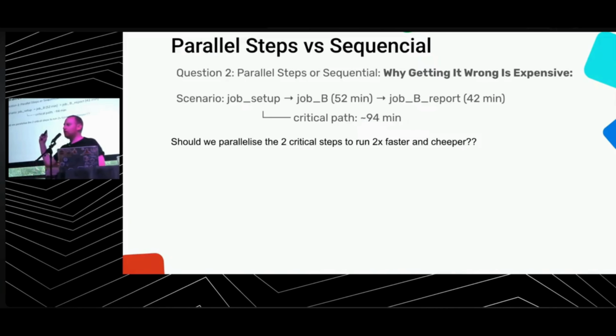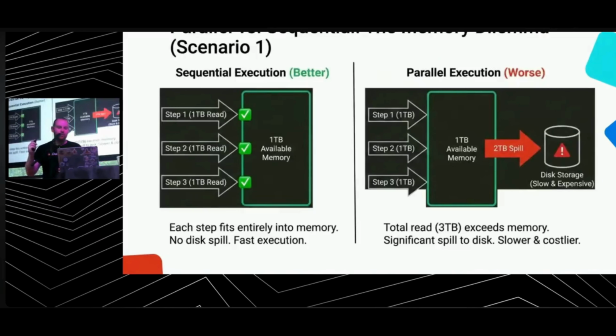And actually, for this scenario, 2 things could happen. The first one is what actually happened to this customer. If we return to the previous example, let's say we are reading 1 terabyte of data and we have 1 terabyte of memory. If we run it sequentially, everything is well, right? It fits into memory, we process it super fast, and everything goes well.